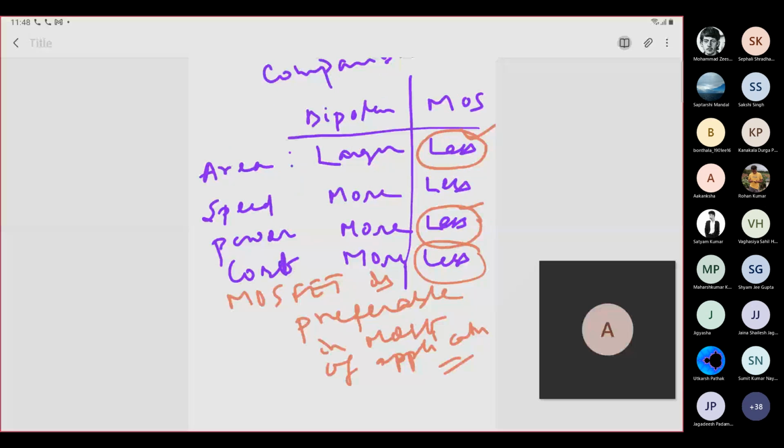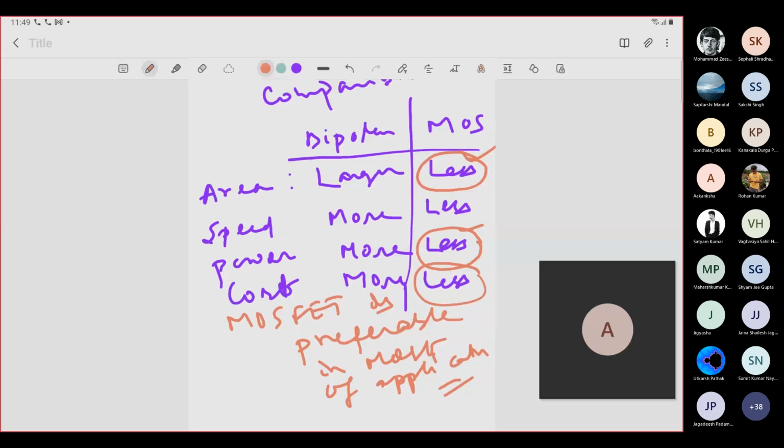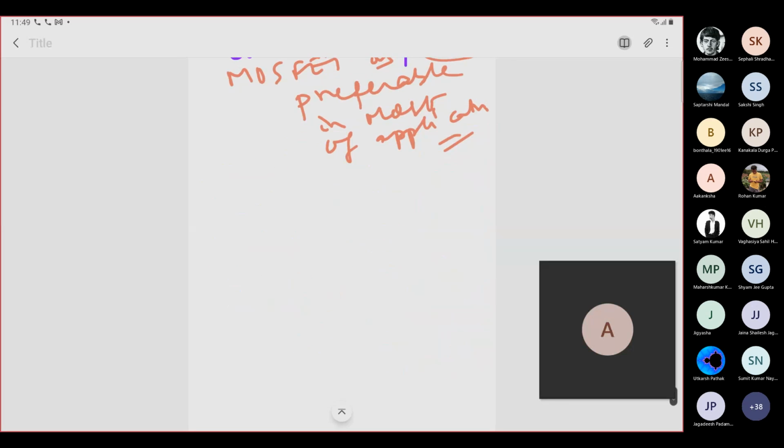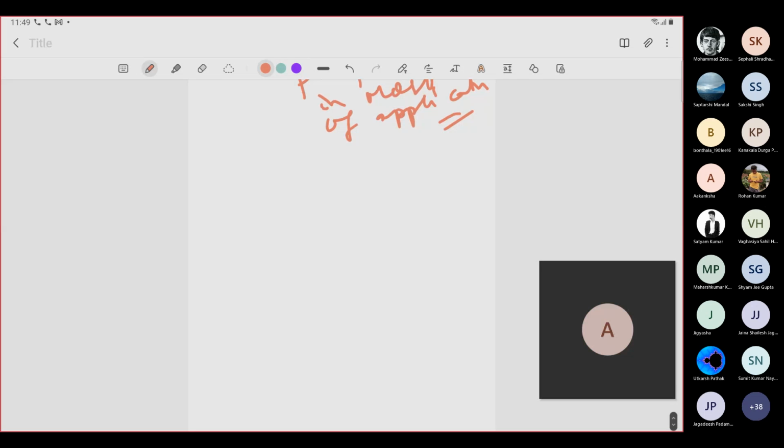So before going to study the detailed MOSFET circuits and their characteristics, let me complete this knowledge. Let's complete our design flow, so that we can start our lab work. So in our next step, after circuit design, what is your next step? We need circuit simulation, right?